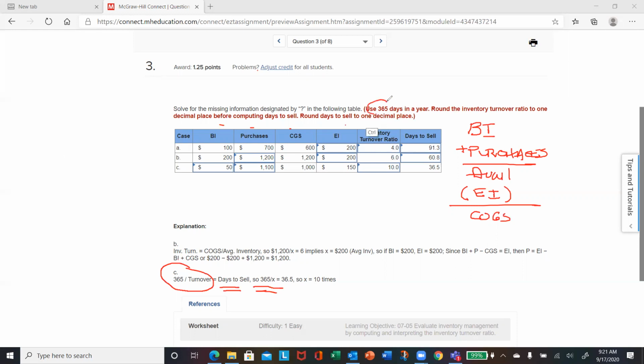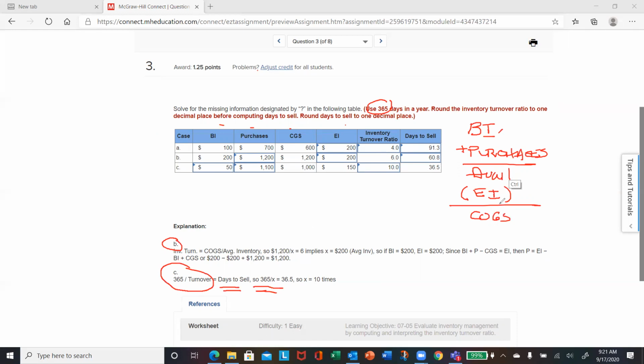They're telling you to use 365 up here for your days to sell. So this is just a problem where, to back into everything, you're just going to plug it into your equation, and either be adding or subtracting. And down here, they're giving you the basic idea of some of these explanations as well.